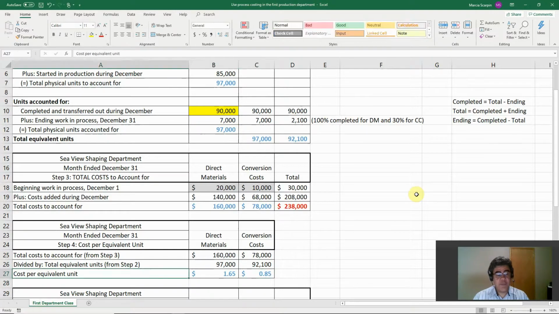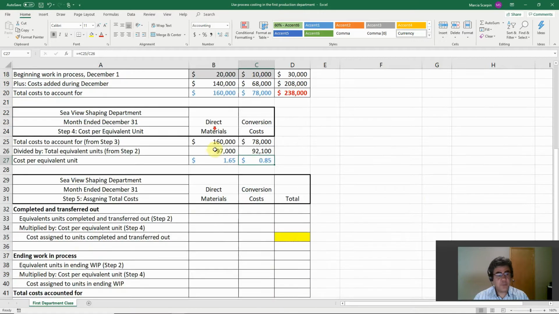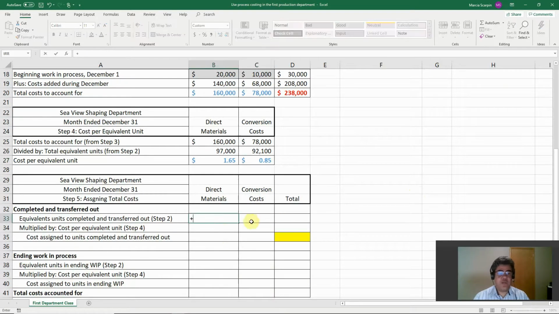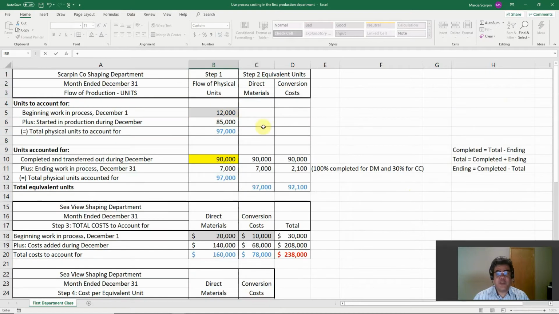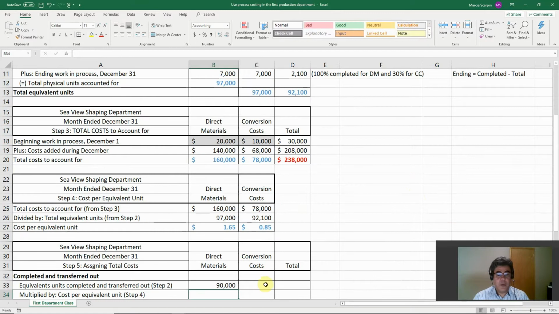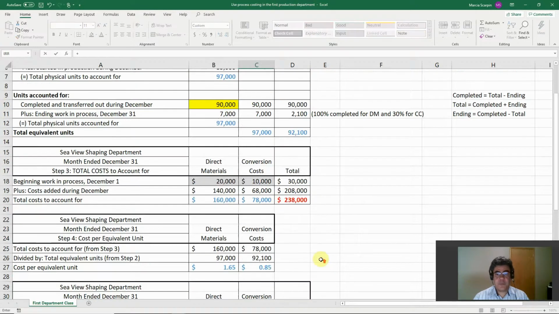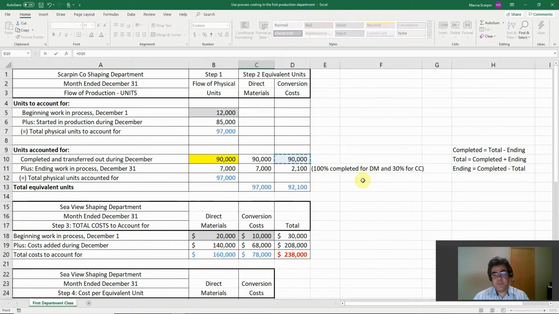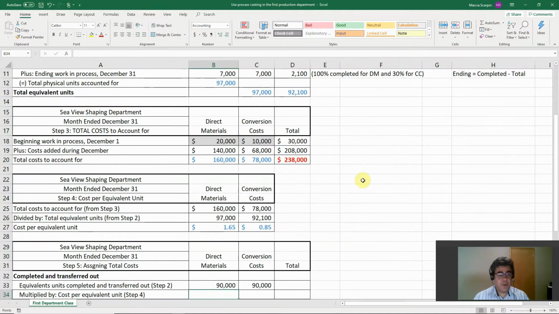Now that we have our cost per equivalent unit, we are able to split into completed and ending work in process. So let's go here. Equivalent units completed and transferred out for direct materials, 90. Conversion costs, 90, because they are completed.